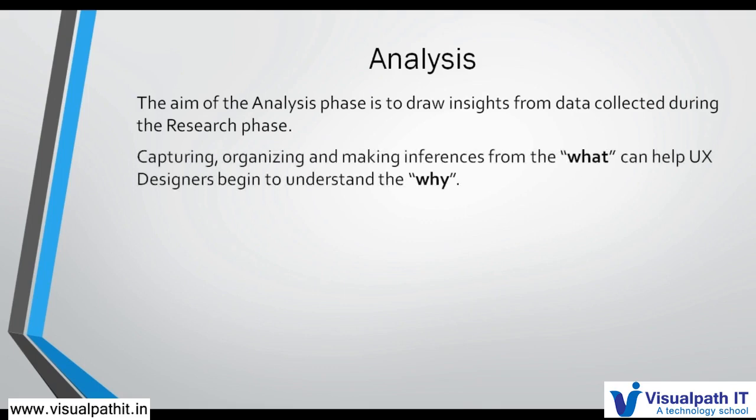Once you have the data collection, capturing, organizing, and making inferences from the what can help UX design begin to understand the why. With the help of what and why, we can organize the data.